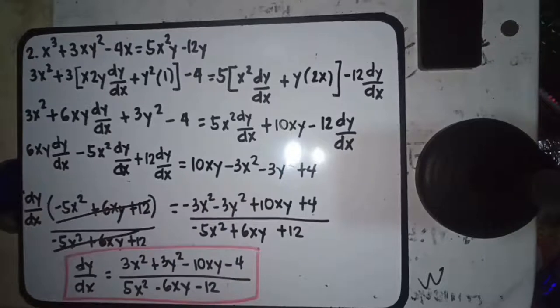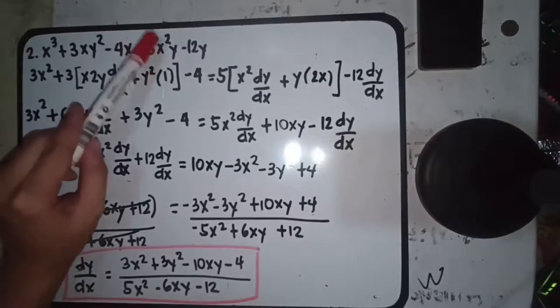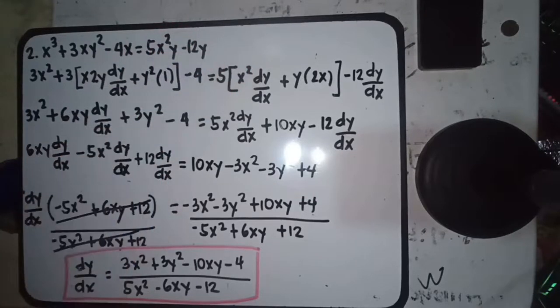So, the derivative of x cubed plus 3xy squared minus 4x equals 5x squared y minus 12y. dy over dx is equals to 3x squared plus 3y squared minus 10xy minus 4 over 5x squared minus 6xy minus 12. So, that is its derivative.